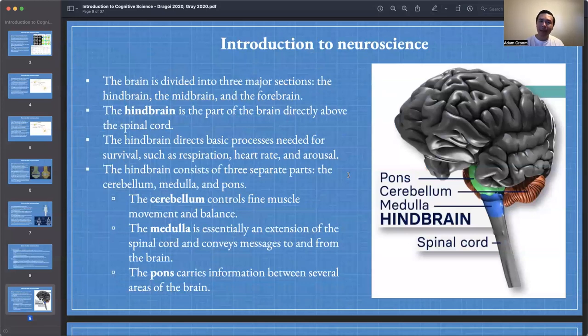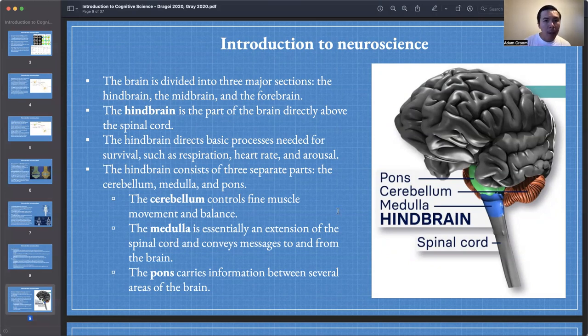All right, next, let's go ahead and look at the brain and how it's divided into major sections. So the brain can be divided into three major sections: the hindbrain, the midbrain, and the forebrain. The hindbrain is the part of the brain directly above the spinal cord. So you can see in this figure, we have the spinal cord right here, and then boom, the hindbrain is sitting right on top of it.